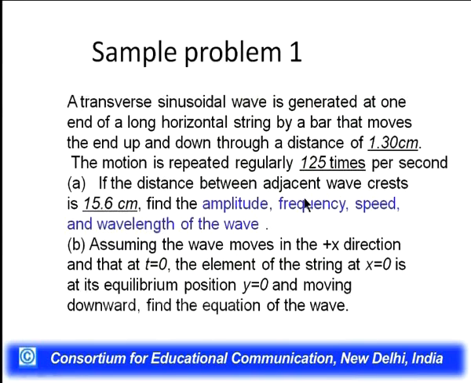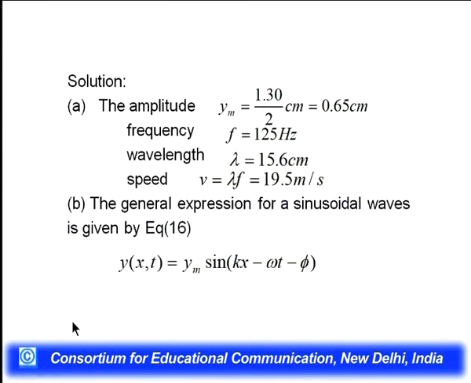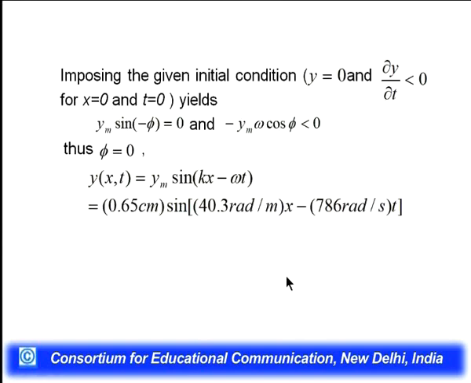The second part assumes the wave moves in the plus x direction. At t equals 0, the element of the string at x equals 0 is at its equilibrium position, y equals 0, and moving downward. Then the equation of the wave can be written as y(x,t) equals ym sin(kx minus omega t minus phi).